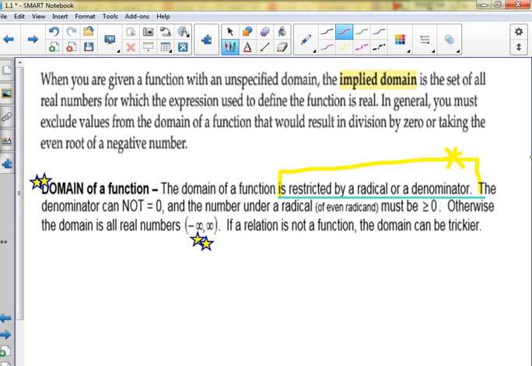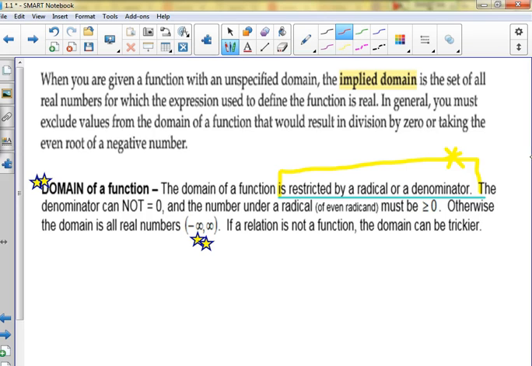This is all you need to know. The denominator can't equal 0. And if there's a radical, like a square root or a fourth root, you can't take the square root unless what's under it is greater than or equal to 0. That's it. Everything else is all real numbers for the domain.